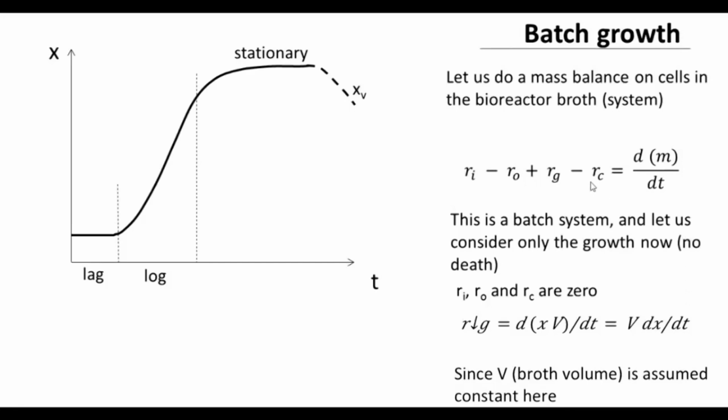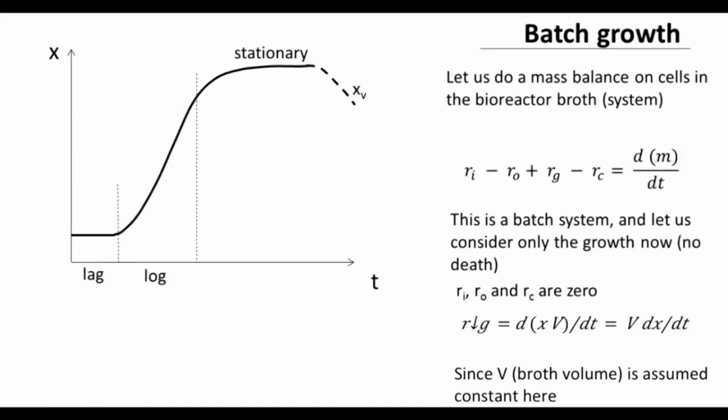Therefore, Rg, which is the growth rate on a mass basis, equals dm/dt. Here we replace m in terms of cell concentration, because the cell concentrations are the ones that are easily measured. We would like to write things in terms of measured quantities because those can be used to make decisions.